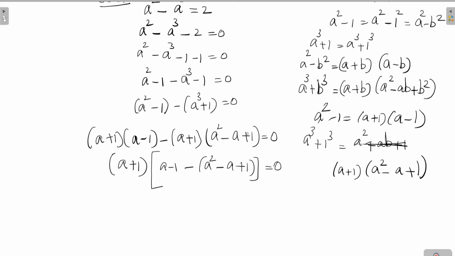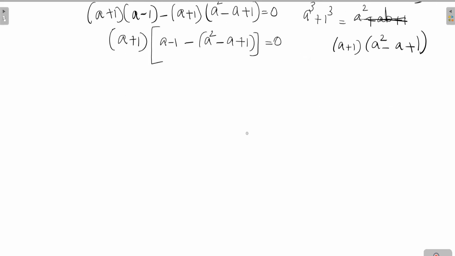Now we can remove the bracket. So a plus 1 into a minus 1 minus a square plus a minus 1 equal to 0. These are the two factors. The first factor is a plus 1 equal to 0.